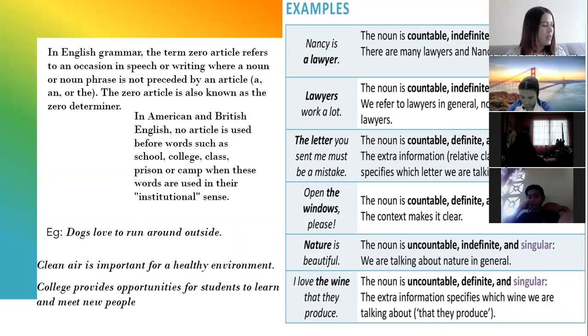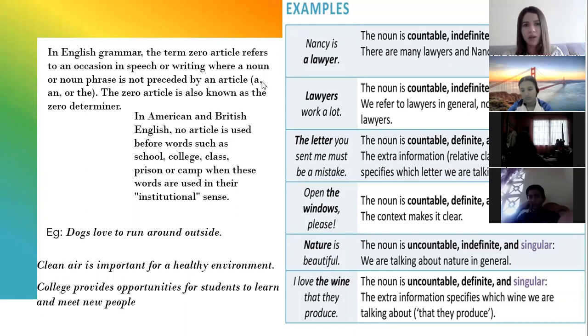Articles can be a or an, and the, and also there exists a zero article. You may say, zero article, I have never heard about that. But well, in English grammar, the term zero article refers to an occasion in speech or writing, hablado o escrito, where a noun or noun phrase is not preceded by an article.